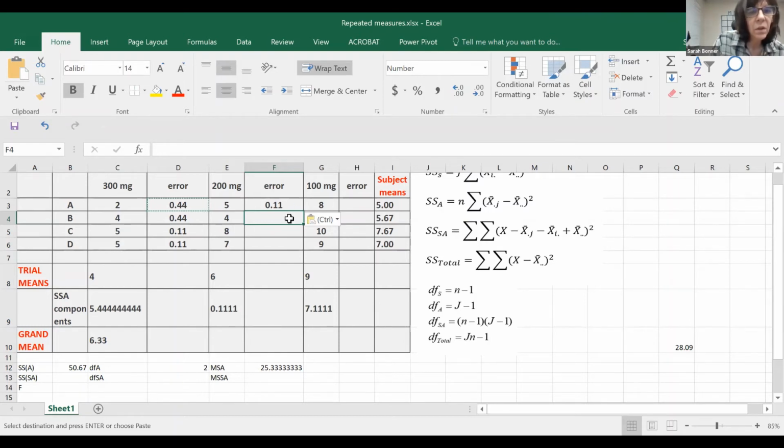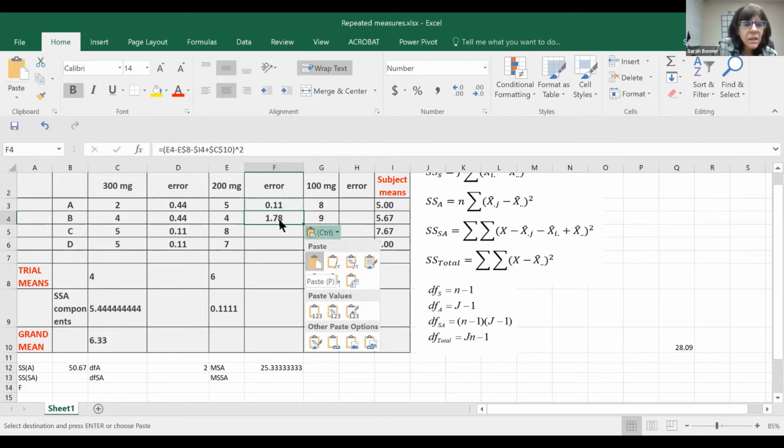I'm not making sense. I think we can check this visually, but since I don't make good sense, we're not going to. So this value we're going to copy here, and it should copy correctly, E8, I4.